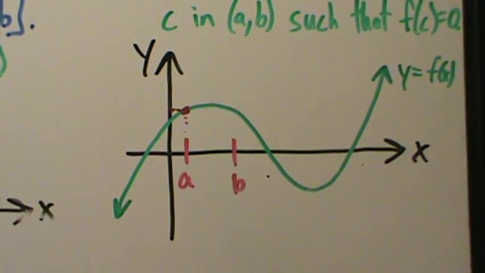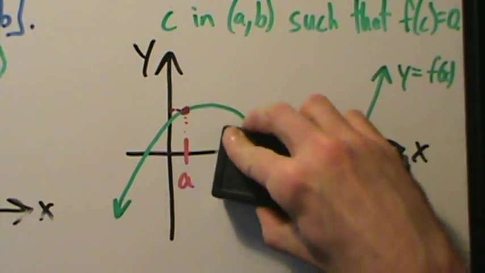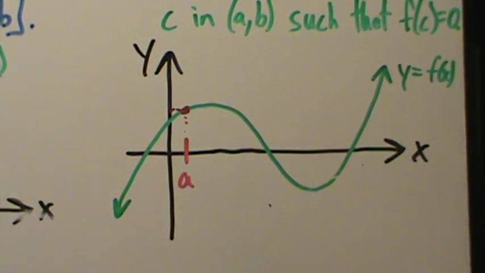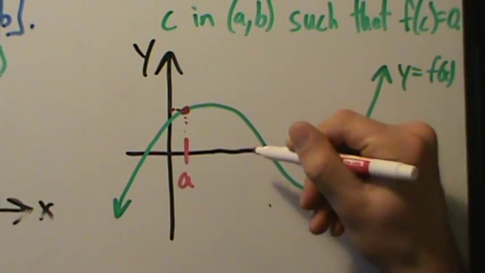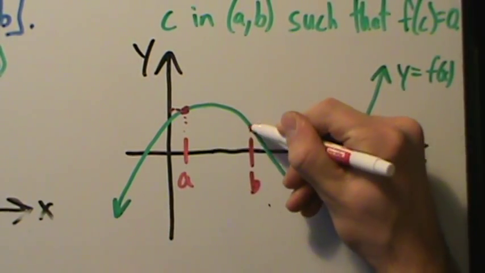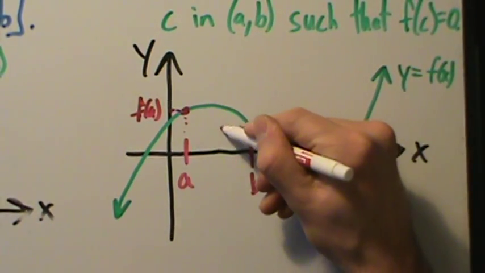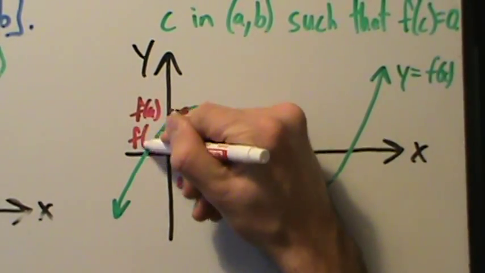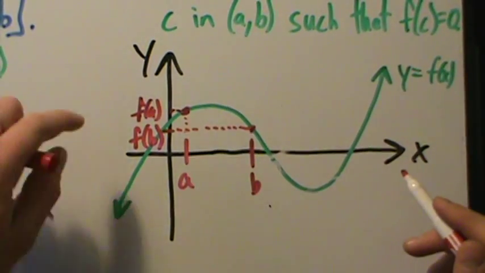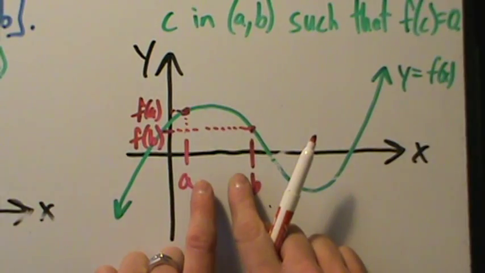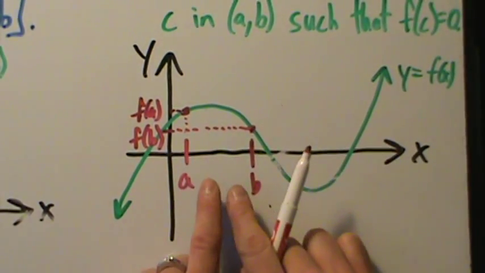That doesn't really matter, but I don't want to keep things too simple here. Let's put b right here. Okay, so here's f of a, and here's f of b over here. So f of a and f of b, they're both positive, right? They're both positive, and notice in between a and b, there is no number.